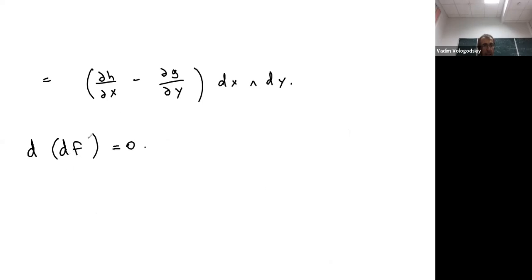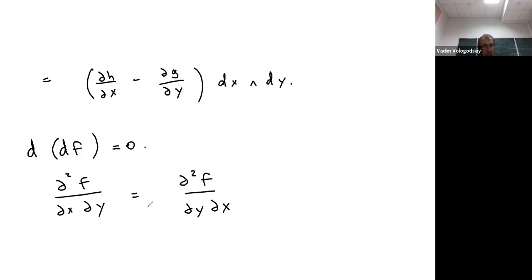And df is just a combination of partial derivatives. So that's going to be the assertion that d squared f dx dy is equal to d squared f dy dx. So if you take the partial derivatives in two different orders, you get the same function.